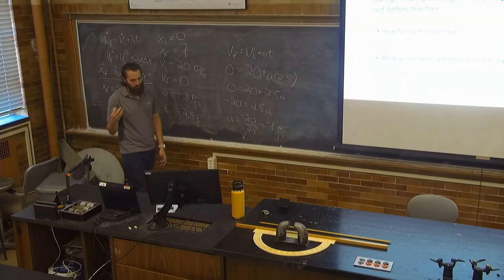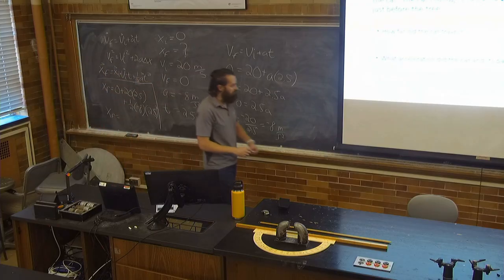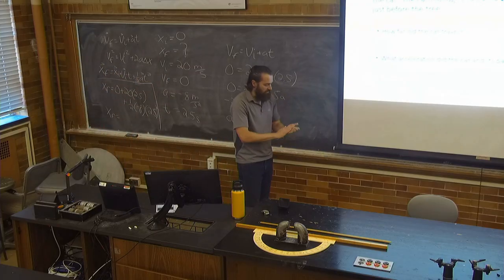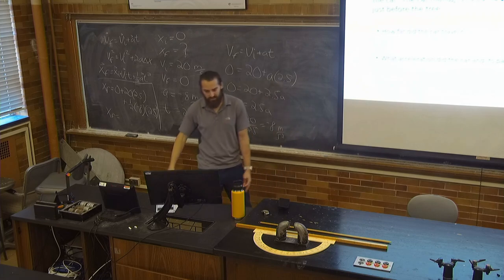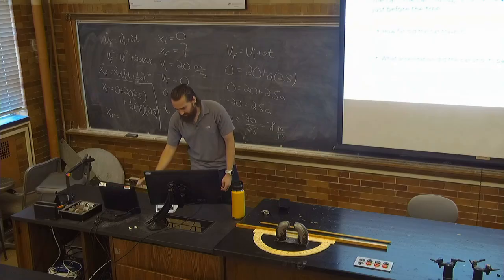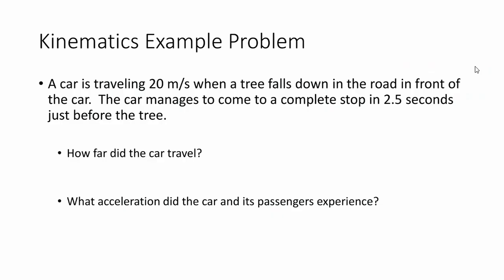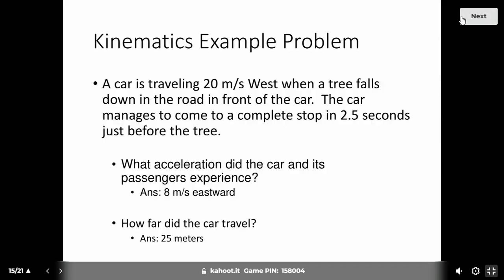So you can plug all those things into your calculator, and you'll get the distance that the car traveled before it came to a stop. And that should be on the next slide. Yep.